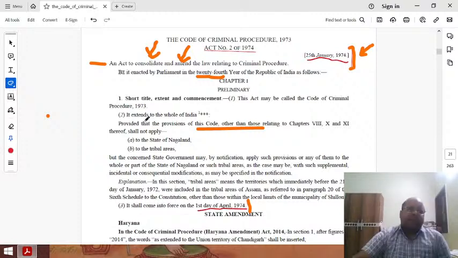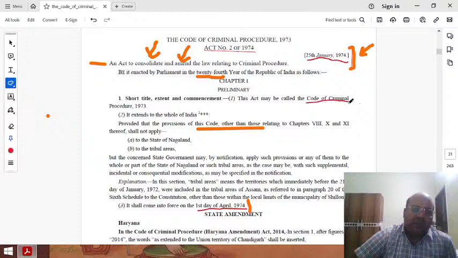Secondly, the short title, as is evident from clause 1 of section 1, is that this act will be called the Code of Criminal Procedure 1973 and it extends to the whole of India.